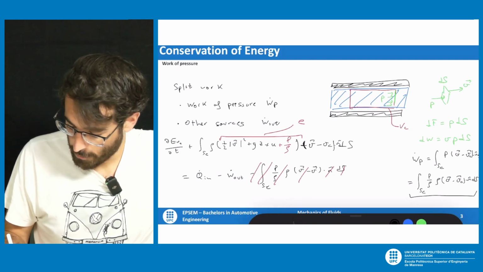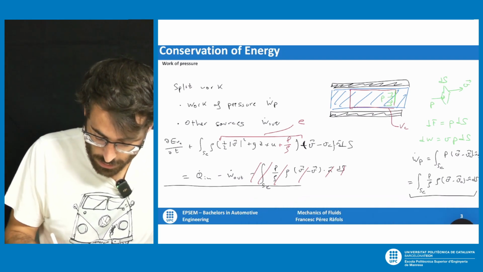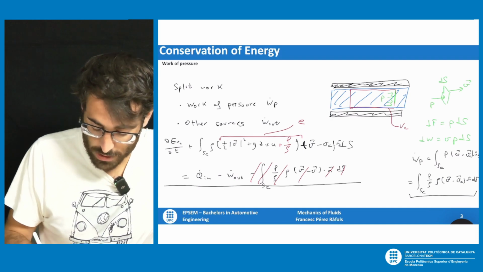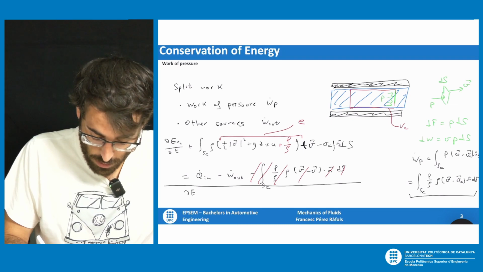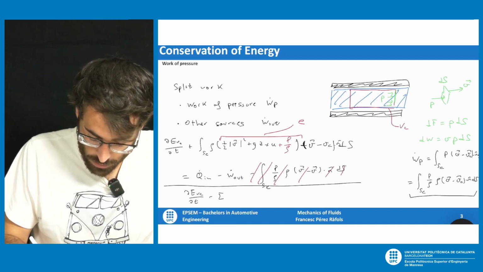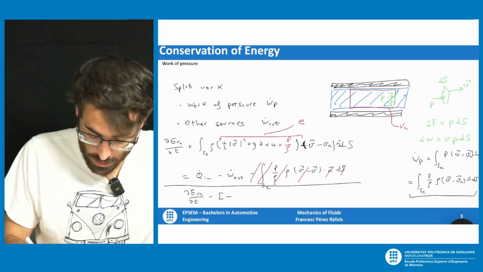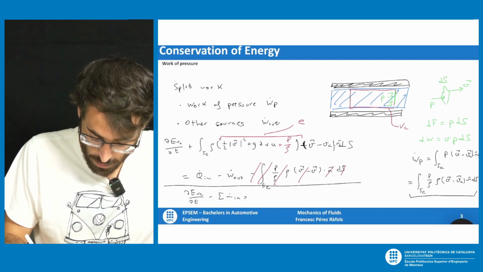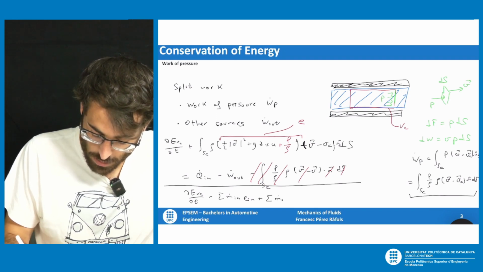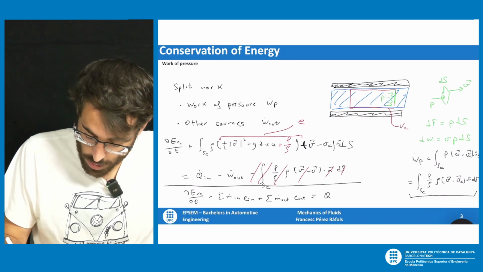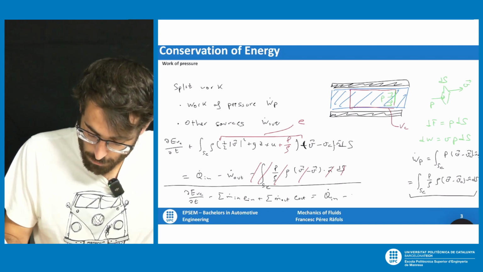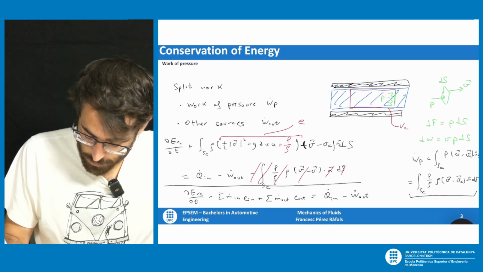So we can write now a new version of the conservation of energy in this fashion. The change of energy in the control volume minus the sum over the inlets of mass in times E in plus the sum over the outlets of mass out E out, and that will be equal to Q in minus the work out.